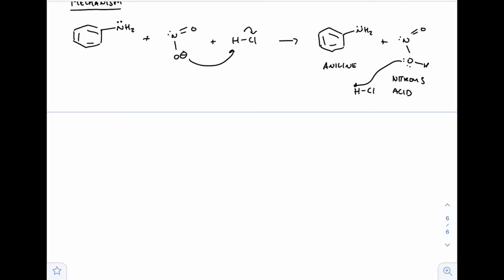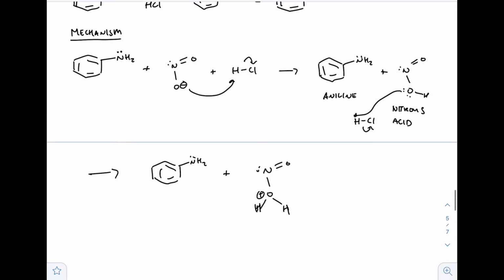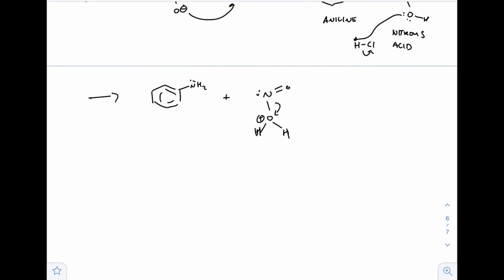We do have another equivalent of HCl in there, so of course we can protonate that oxygen. Now what does that form, right? It forms the oxonium intermediate, which is of course just water ready to leave, okay? So we got the positive charge on that oxygen. Now what happens when water leaves? Whoa, simmer down. That's how quick it leaves.